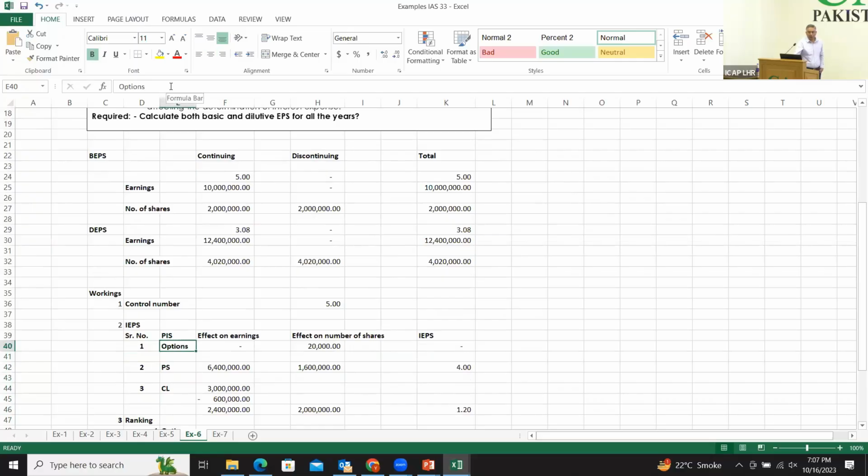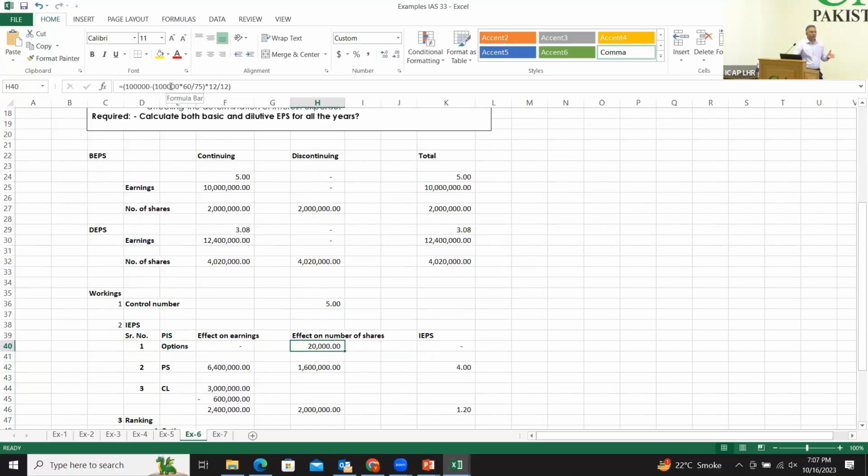First of all, we have options. As I already discussed in the slides, there is no effect on earning, and there will be an effect on number of shares, but only those shares which are issued for nil consideration. And the formula is total options minus options multiplied by exercise price divided by market value, multiplied by your number of months.